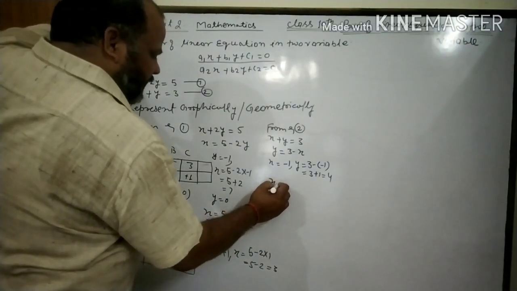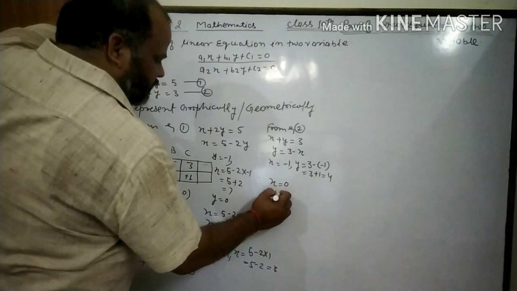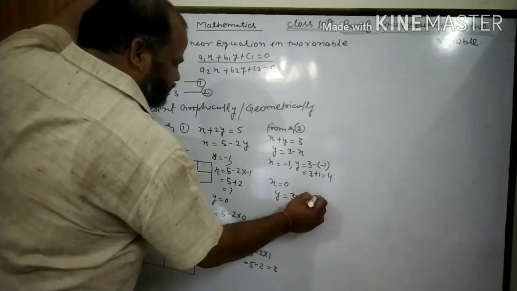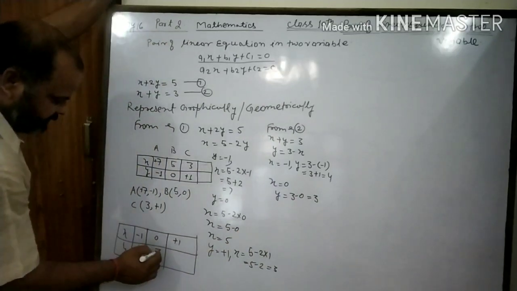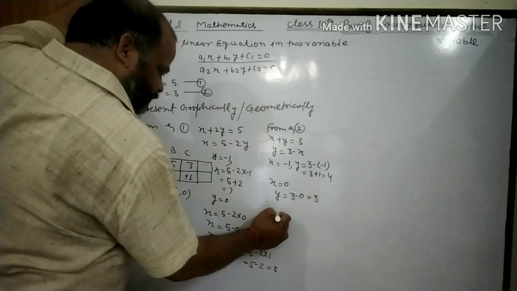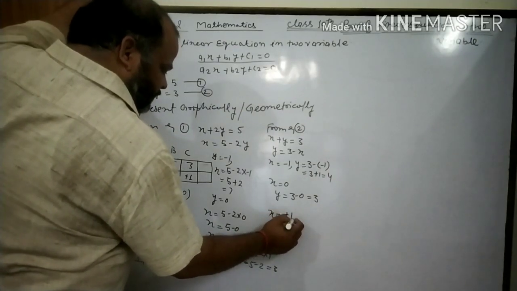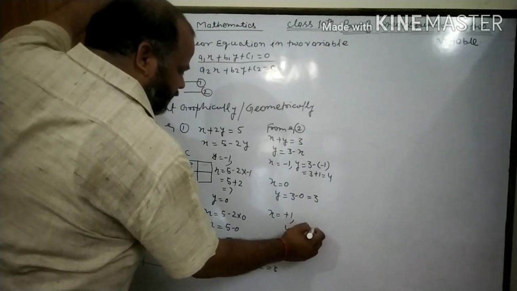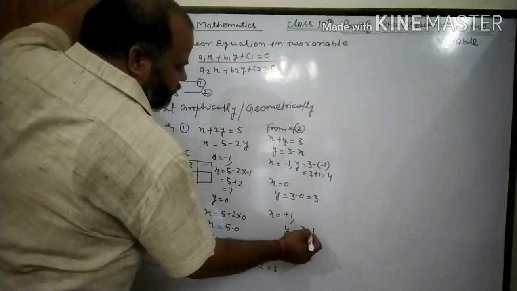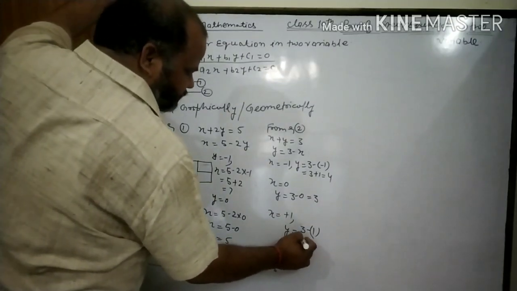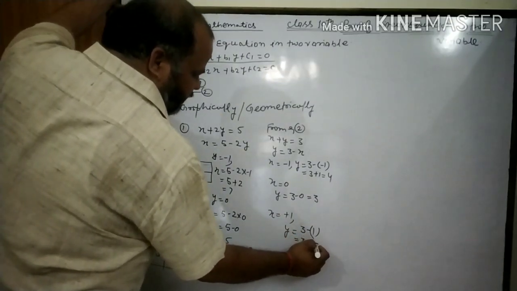If x is equal to 0, then y is equal to 3 minus 0 means 3. If x is equal to +1, then y is equal to 3 minus 1, it means 2.